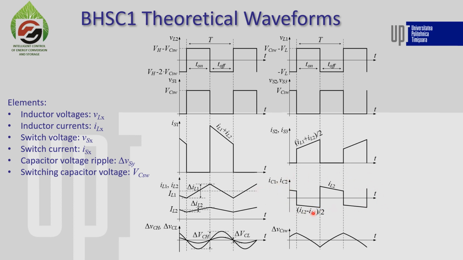But this means that the current ripple through the other capacitors is much lower because we have the two inductors. Also at the bottom we see the voltage ripple on the four capacitors. Here we have the same voltage ripple on both switched capacitors.